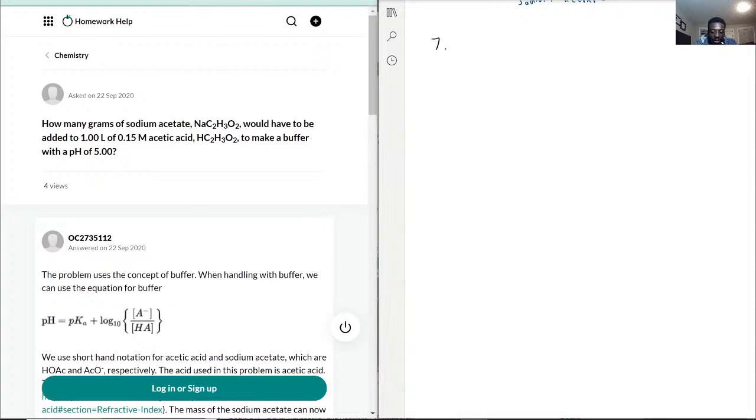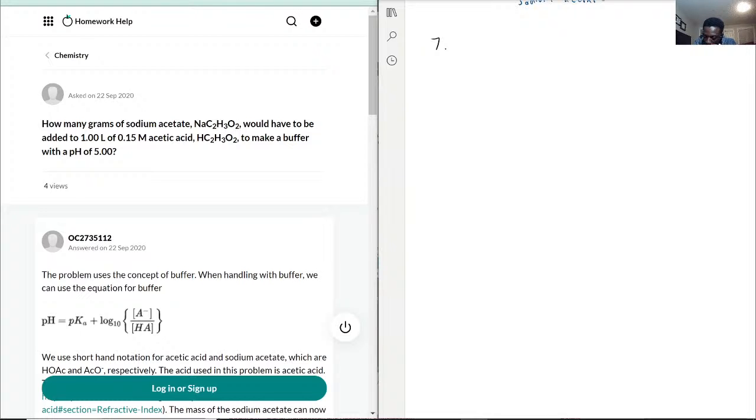So that was sodium acetate. Awesome. Because you can also rewrite that one as CH3COONa, because it has 2 C's, 2 O's, and 3 H's. So how many grams of that would have to be added to 1 liter of 1.5 acetic acid to make a buffer with a pH of 5?